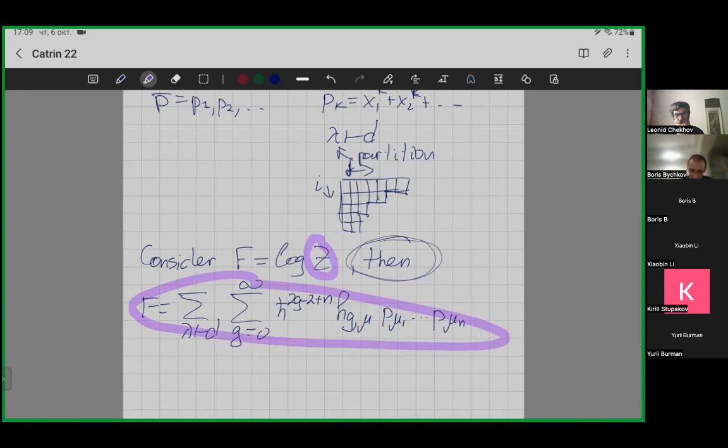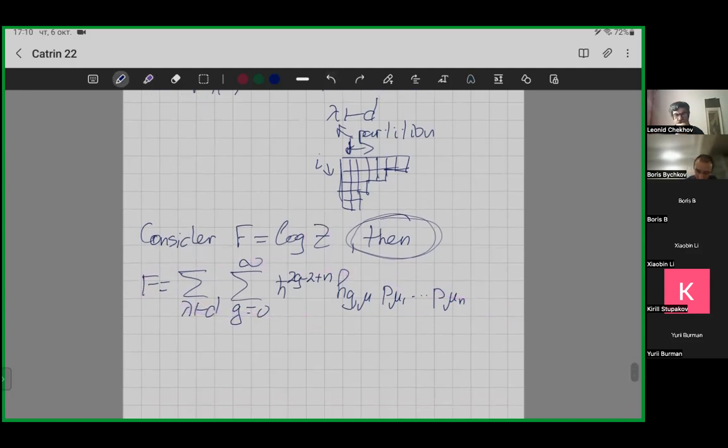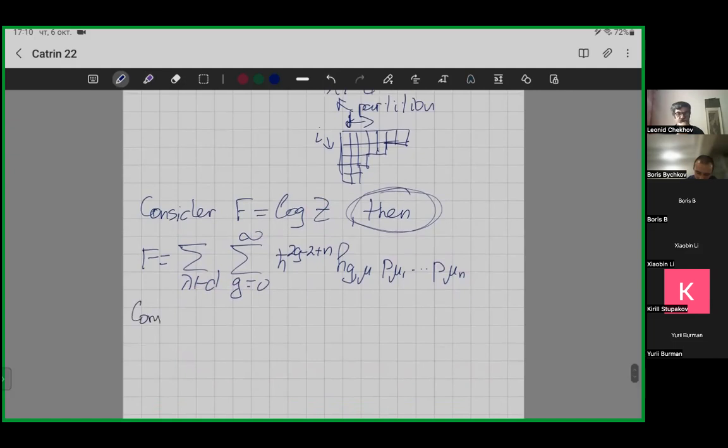Also a small comment: it's also standard that the operations of exponentiation and taking logarithm behave as follows. If you take a logarithm, you turn to the connected stuff, and if you take an exponent, you turn to both connected and disconnected stuff.